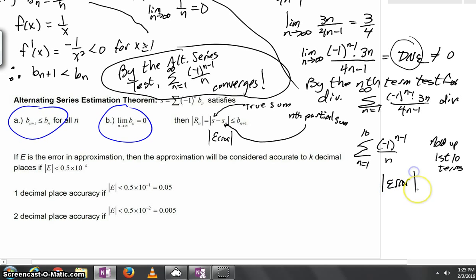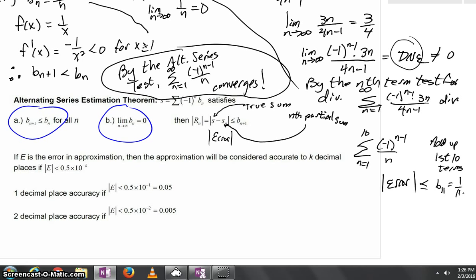Obviously, I'm not going to get the real sum. Guess what your error is? It's less than or equal to your 11th term. Plug it in, you'd get 1 over 11. If I stop there, I'm guaranteed I won't be more than 1/11th off of the real sum.